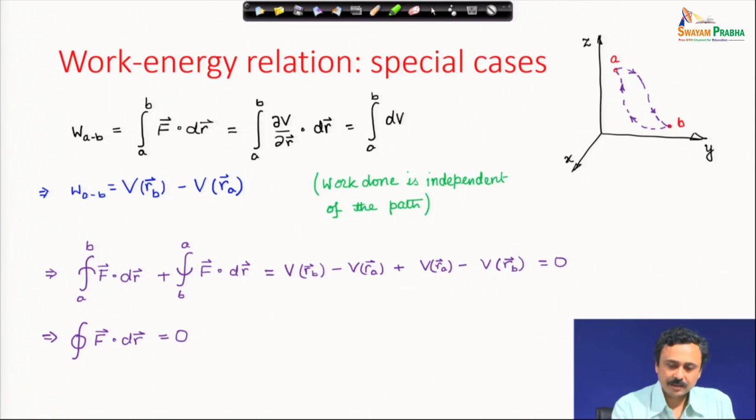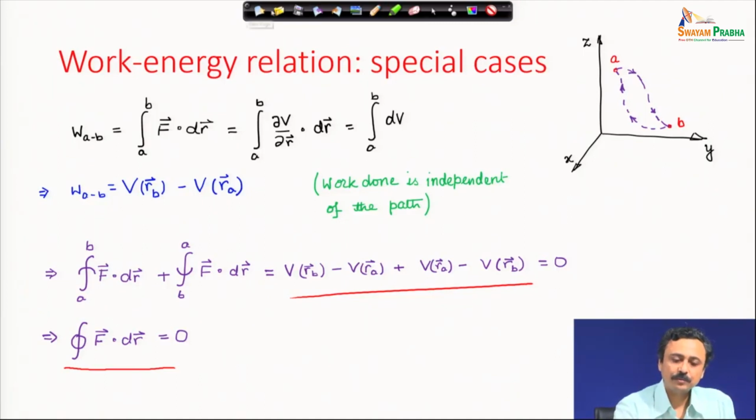This integral indicates that it is the closed path. So, the integral over a closed path of F dot dr then must be 0, because this right hand side turns out to be 0. Therefore, over a closed path F dot dr must be 0.